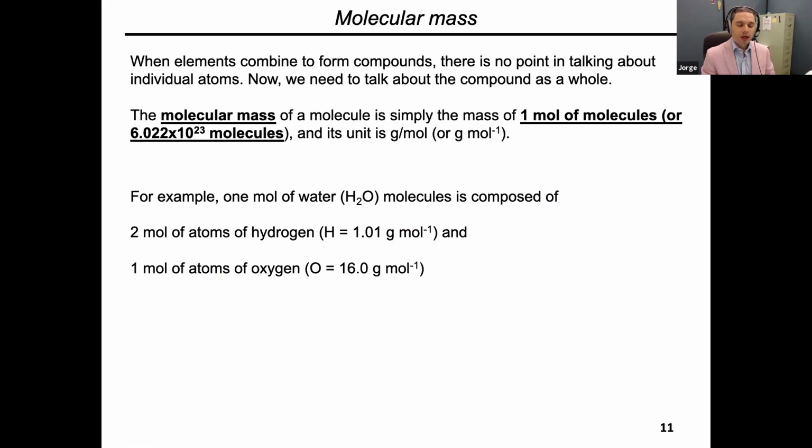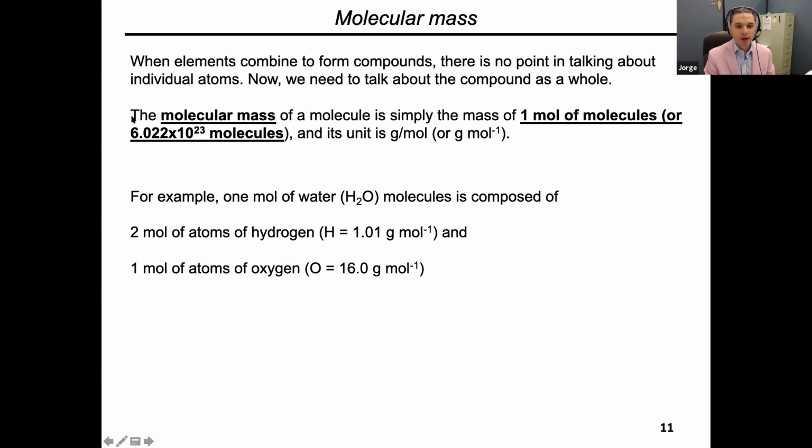Okay, so today I would like to start talking about molecular mass. The elements are usually found combined with other elements. We saw that they need to achieve stability, therefore they will form compounds. And when elements combine to form compounds, there is no point in talking about individual atoms anymore. So now we need to talk about the compound as a whole thing.